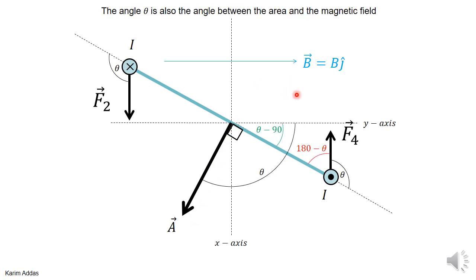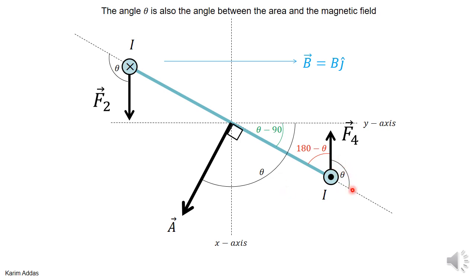Now, we showed before that the torque was written in terms of this angle theta, the angle between the r vector and the f vector. We want to prove that this angle theta is actually the same as the angle between the magnetic field and the area vector that we just defined. That is an important part of proving the other form of the rule.